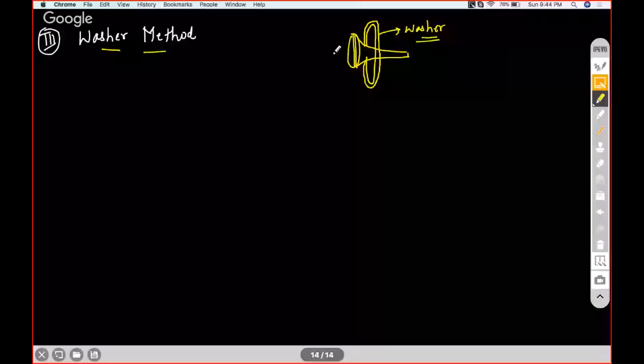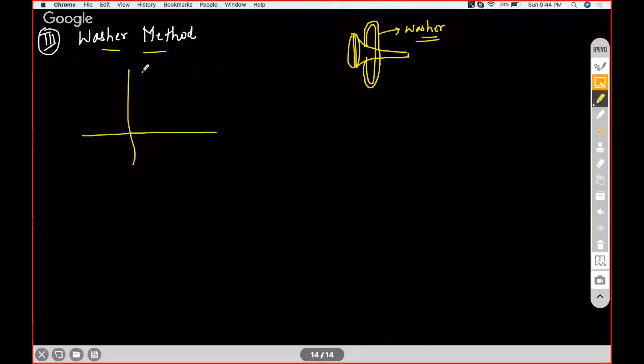This washer method is basically used when, let's say you have two curves. I'll give you a curve like this and another curve like this.